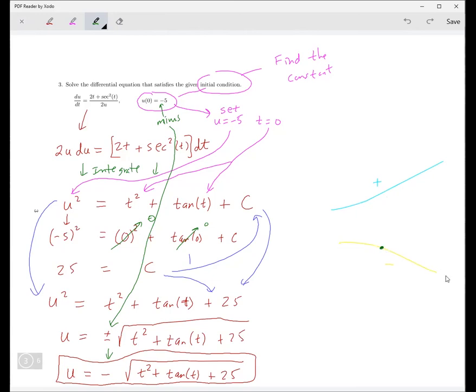So it's got to be this curve, not this curve, because your curve has to go through the point that corresponds to the minus 5. Okay, so does that make sense? So it has to be this one.